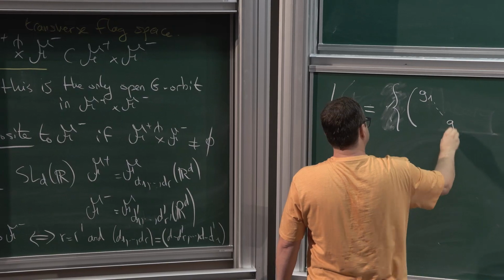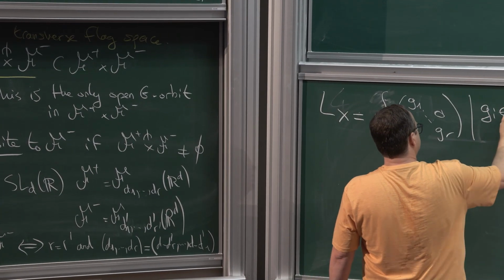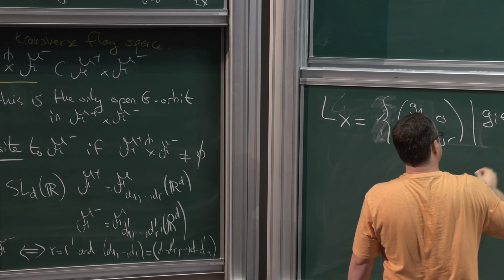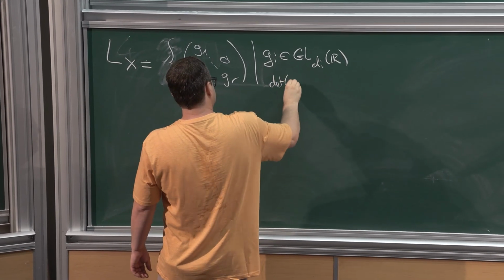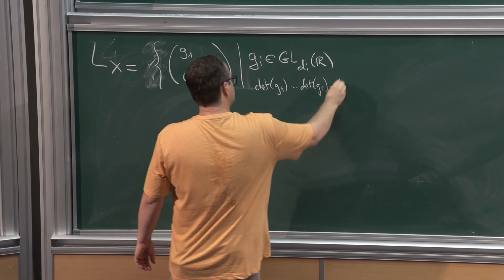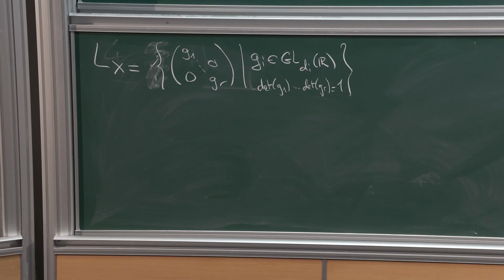So G1 up to GR, with each GI in GL of DI, and the product of the determinants is 1.